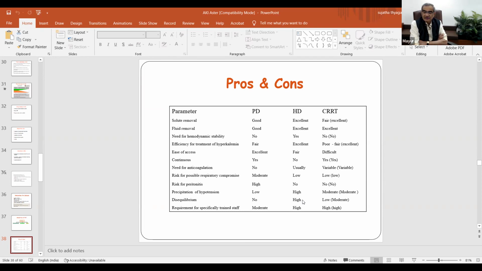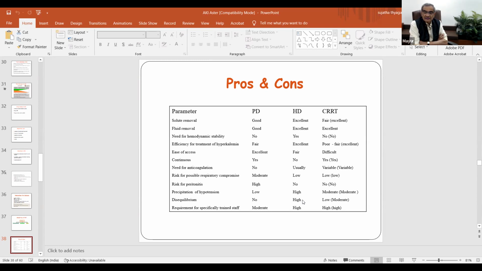So there is a tremendous drop in the osmolarity, and there is a difference in the osmolarity in the CNS versus outside CNS, and because of sudden drop in osmolarity, the fluid rushes into the intracranial compartment and causes severe disequilibrium.